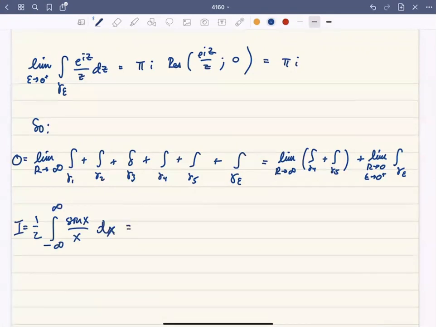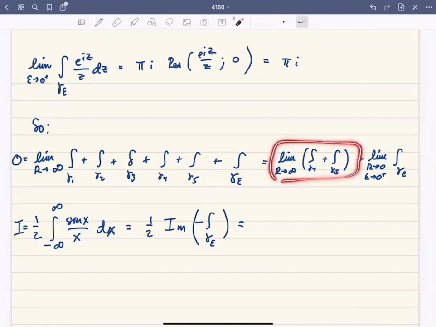But this is going to turn out to be the imaginary part of the integral over gamma epsilon, and the reason it's negative is that this is the piece that we have. So that's pi i.